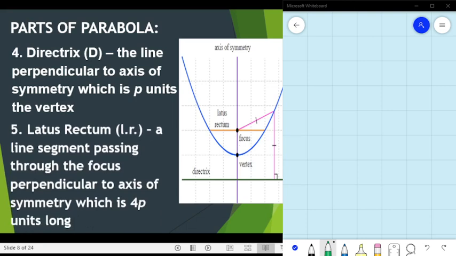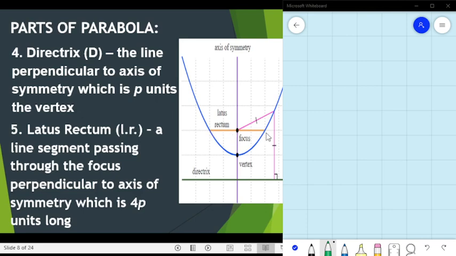And then we have the latus rectum. It is a line segment passing through the focus perpendicular to the axis of symmetry, which is 4p units long. Okay, so in this illustration, this is the latus rectum. It passes through the focus, and this point here and this point here are what we call the ends of the latus rectum.